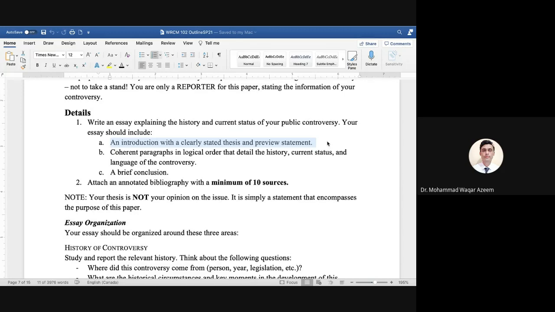For example, if you wish to write your topic on the controversy surrounding the 18th Amendment in Pakistan, then your thesis statement can be that this paper introduces the history and current status of the controversy surrounding the 18th Amendment in Pakistan.